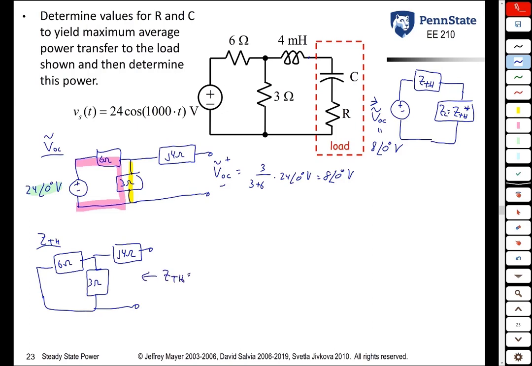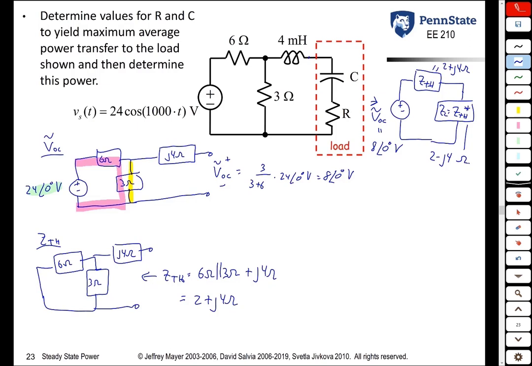From inspection, you can see that the Z Thevenin is 6 in parallel with 3 plus j4, or 2 plus j4 ohms. ZL then is just the conjugate of that, or 2 minus j4 ohms.